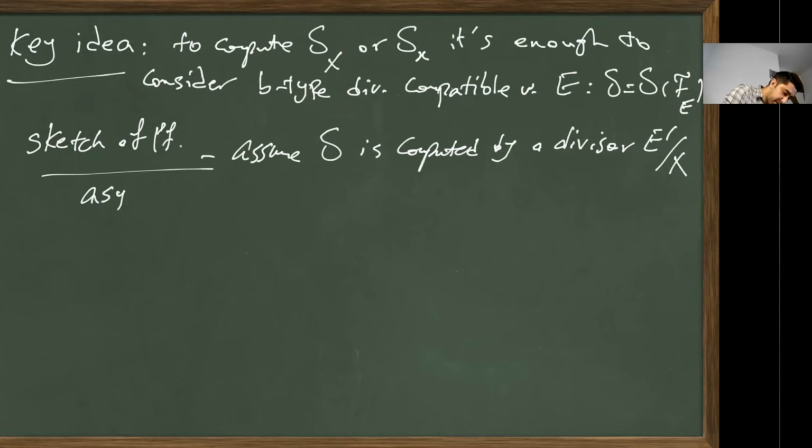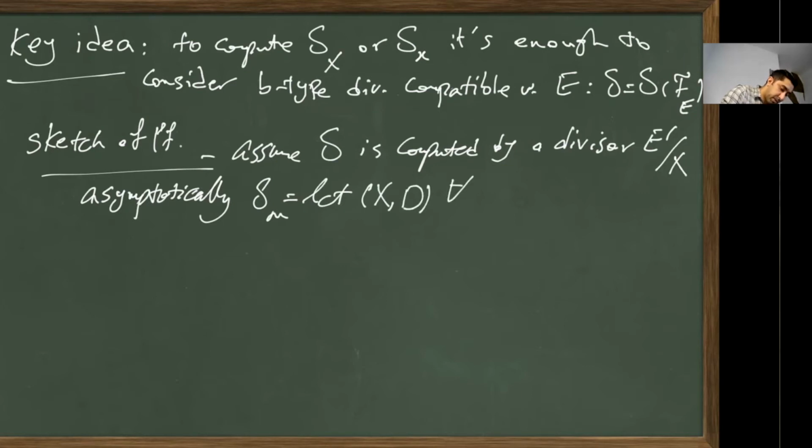The idea is that asymptotically, delta M is going to be the log canonical threshold of X and D for any M basis type divisor compatible with E prime.